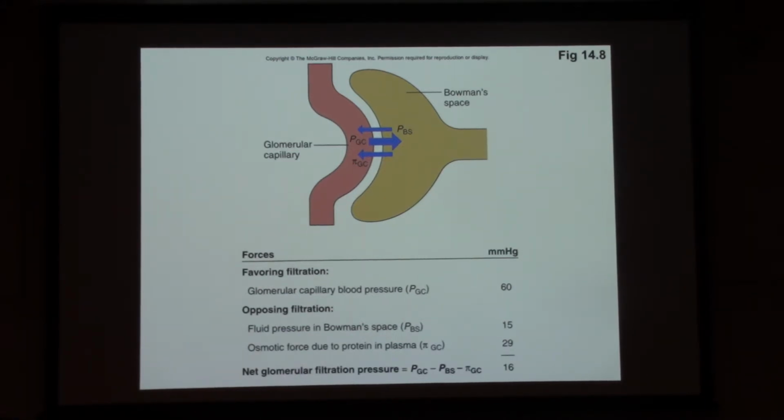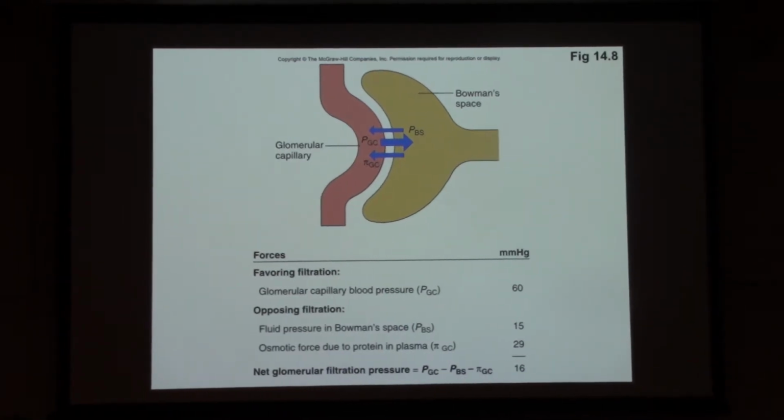These particular numbers are going to vary from individual to individual throughout the day and the year and so on. But they're accurate enough to explain the trends. Okay. Any other questions?